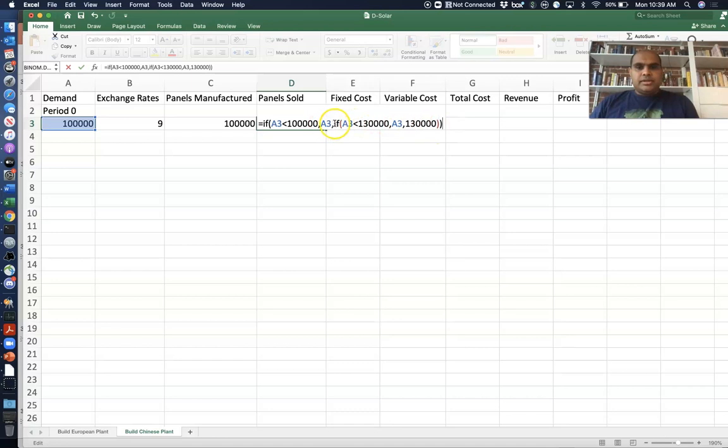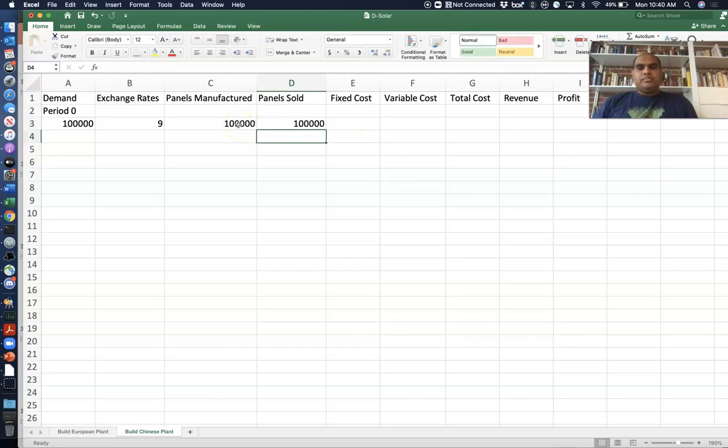I'm just going to write the second if function. I'm not going to write the first if function. So if demand is less than 130,000, then you're going to sell as many panels as are demanded. But if demand is more than 130,000, you can only sell 130,000 panels because that's the maximum you can manufacture. And there you go. Okay, that's the logic.